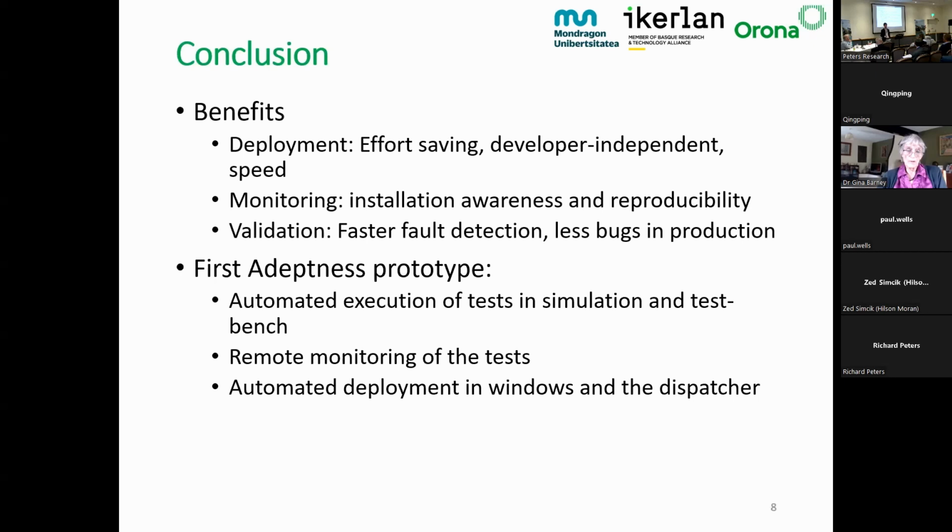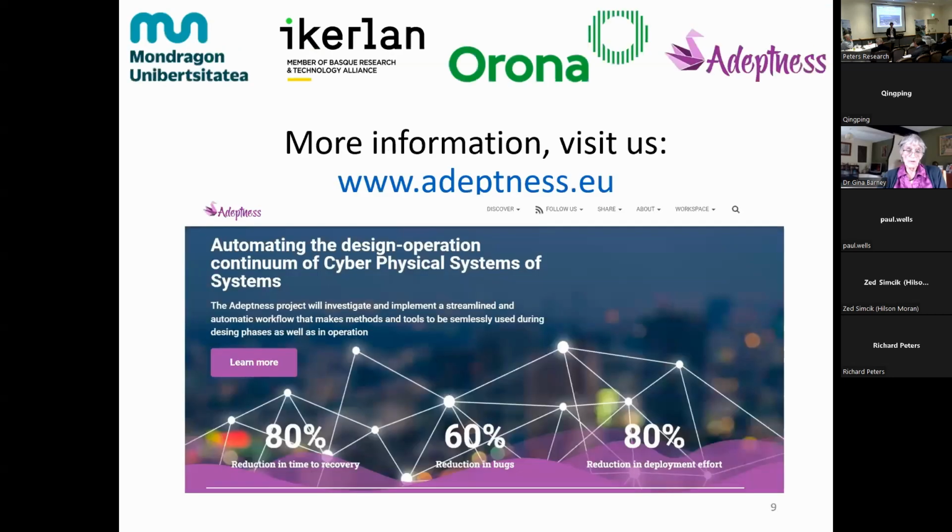And our initial prototype already automatically deploys new software versions in a Windows operating system as well as in the dispatcher. It's worth mentioning that this is a research project of a very low TRL, and we have been experimenting with the traffic dispatching algorithm, but it can also be extended to other aspects of the elevator.